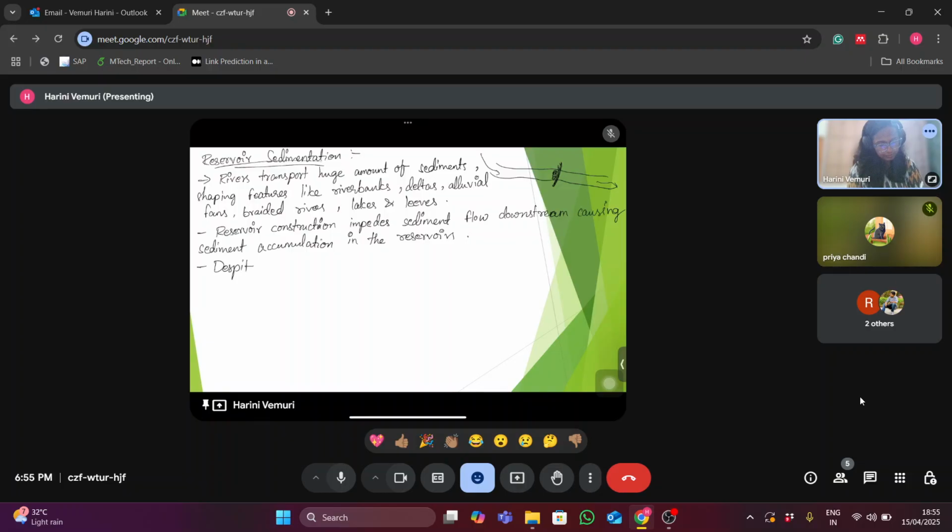Despite varying sediment rates, all reservoirs eventually lose water storage capacity as sediments occupy water storage spaces.